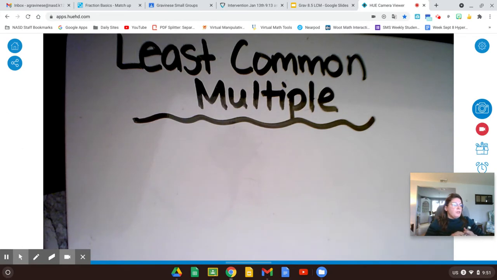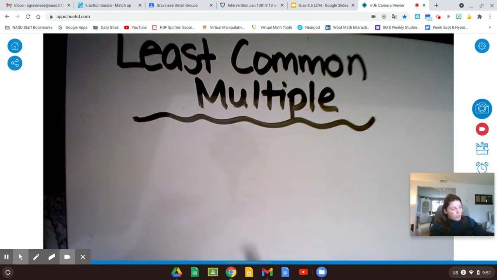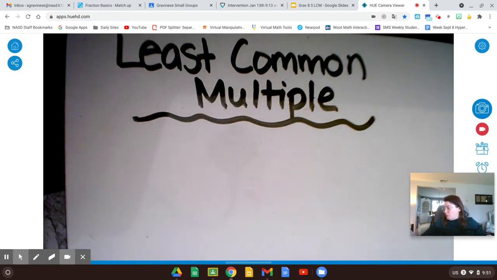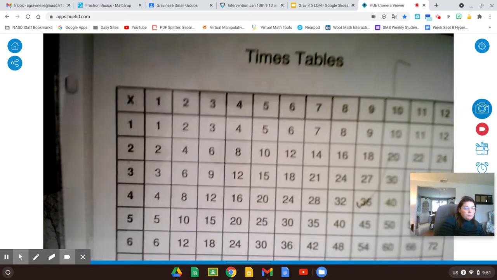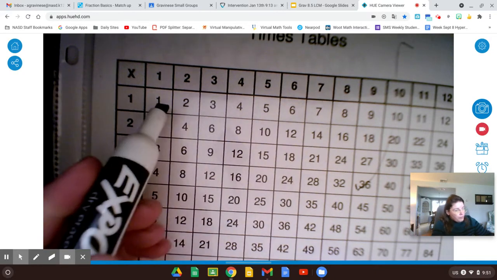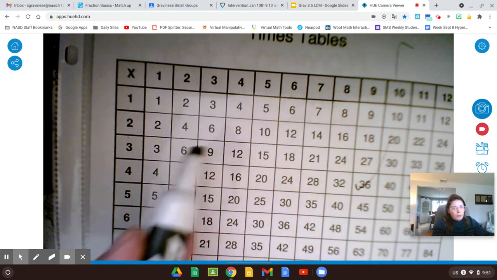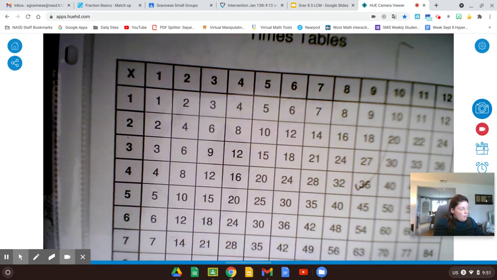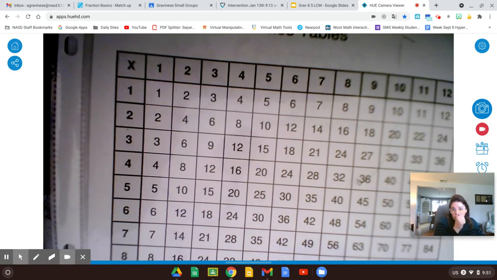When we talk about the least common multiple, we are talking about the products of whole numbers. That's what multiples are. So if we think of our times tables, all of these numbers in the middle are multiples of other numbers.